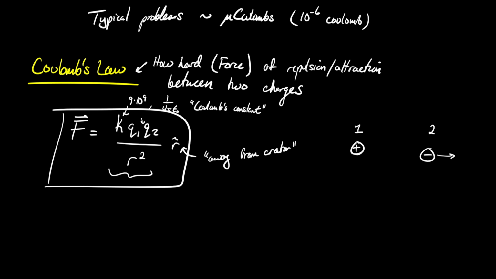So if positive 2 r hat and positive 20 r hat are arrows that point to the right, then your answer of negative 20 r hat will be an arrow directed to the left. So this automatically encodes attraction or repulsion.